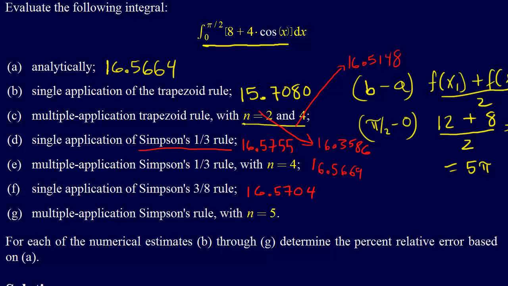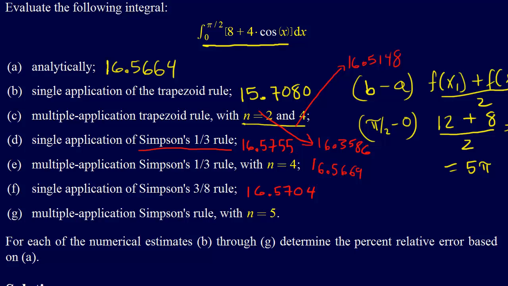Now, part G asks us to do a multiple application Simpson's rule with n equals 5. This is a little bit tricky because I'm not sure what they want us to do. We can't just use multiple application Simpson's 3/8 rule because that would require n equals 6. We can't just do multiple application Simpson's 1/3 rule because that would also require a different number of points.